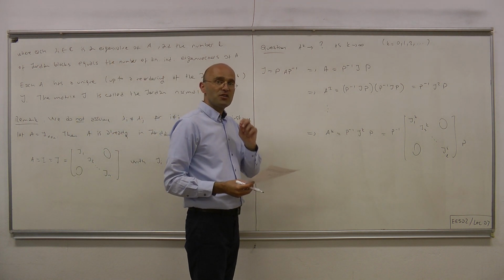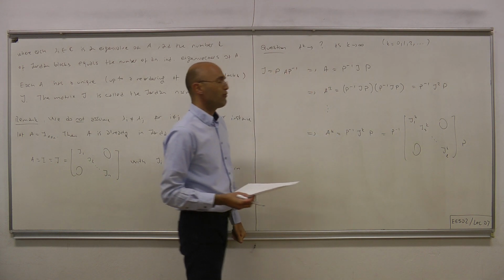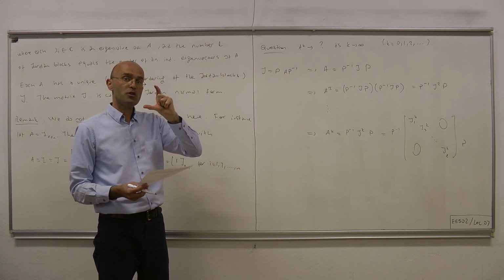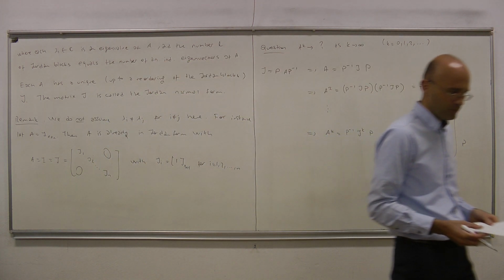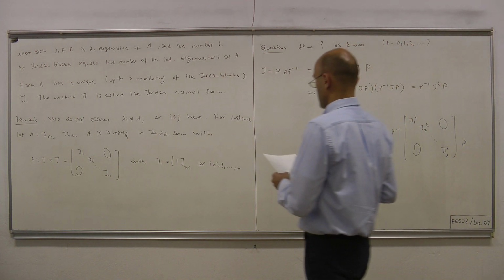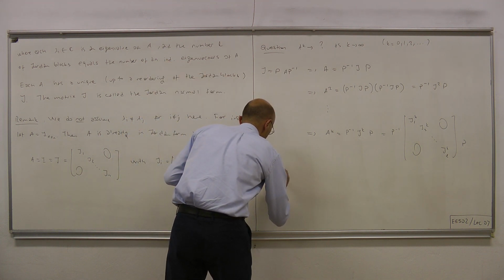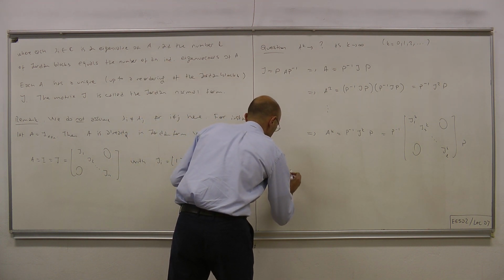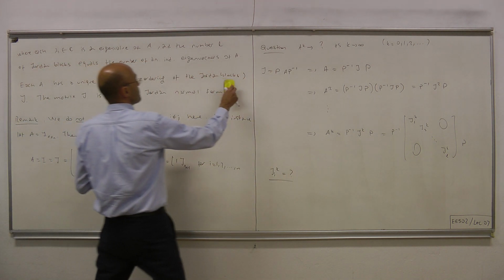Now, what remains is to figure out the form of an individual Jordan block raised to an arbitrary power. So we're going to try to answer the following question: what's Ji raised to the power k?